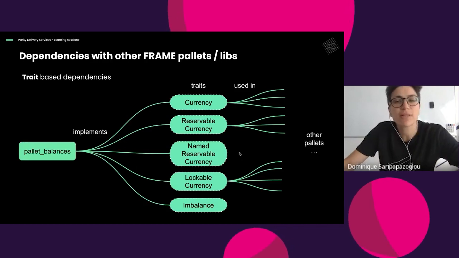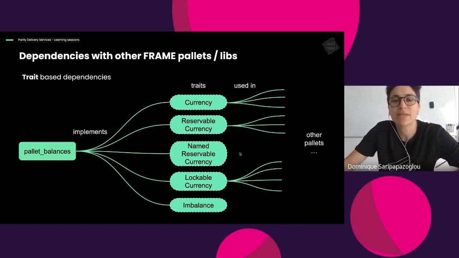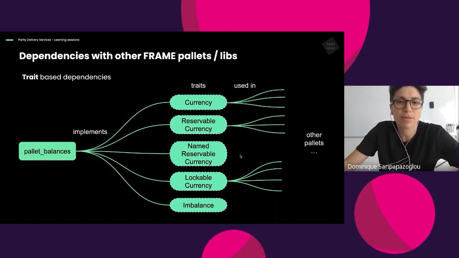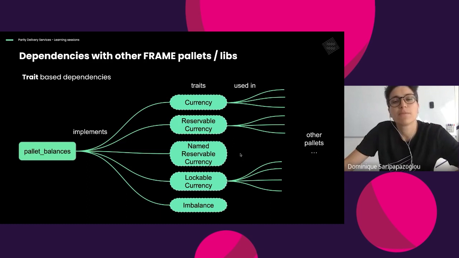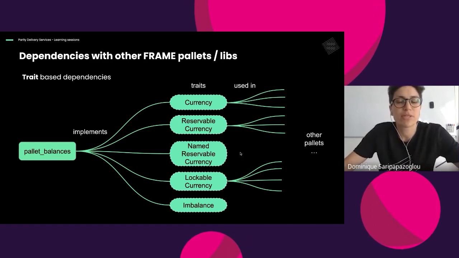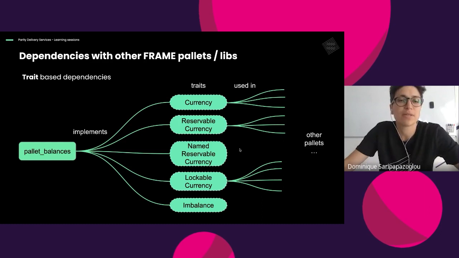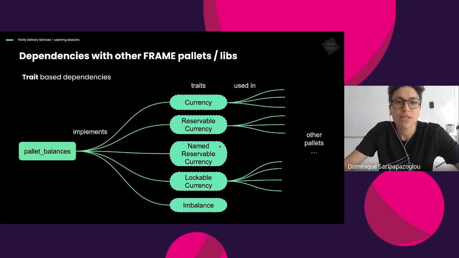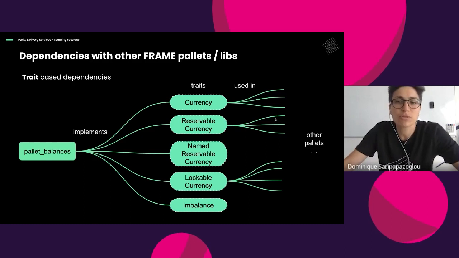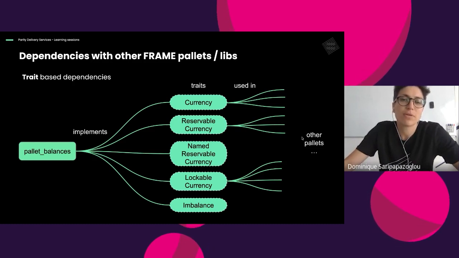Lockable is when we lock funds for staking or voting. And imbalances, the concept that Nacho also mentioned, between TotalIssuance and the balances of accounts. So these traits are implemented in the balances pallet, but are used in a lot of other pallets.